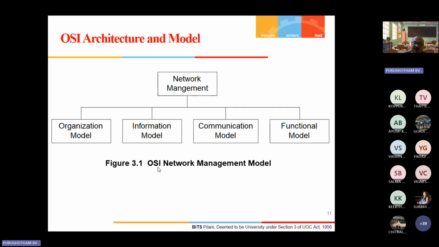That's why it is also called the OSI network management model, which says that network management can be broadly categorized as the organization model, information model, communication model, and the functional model.